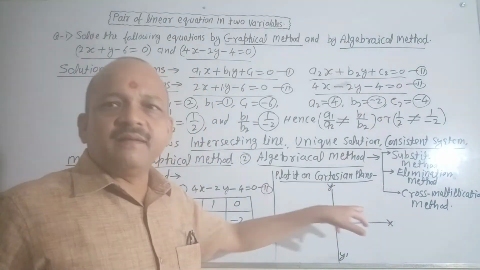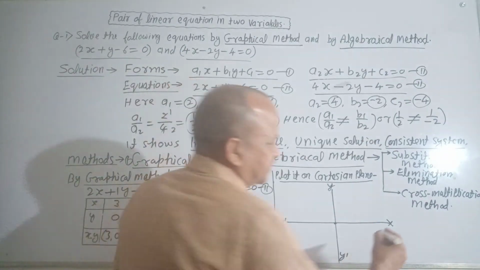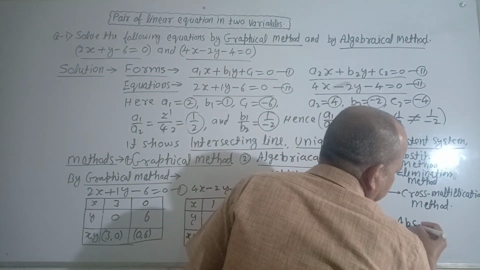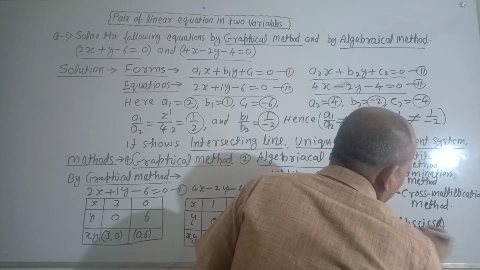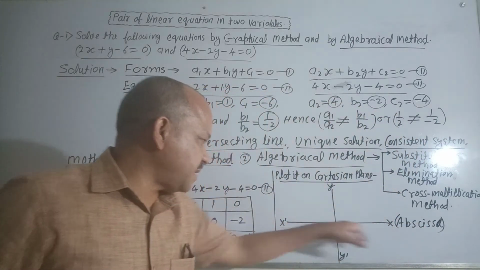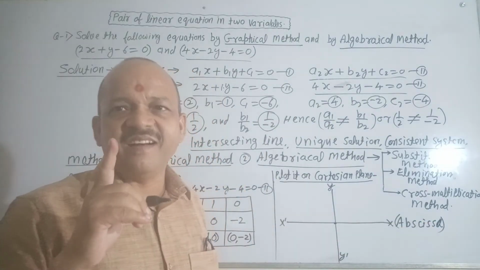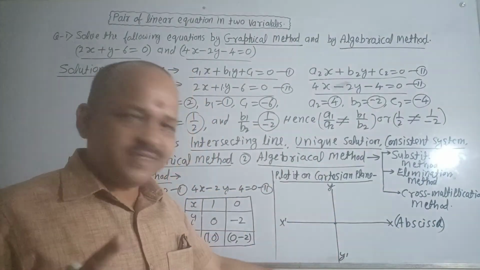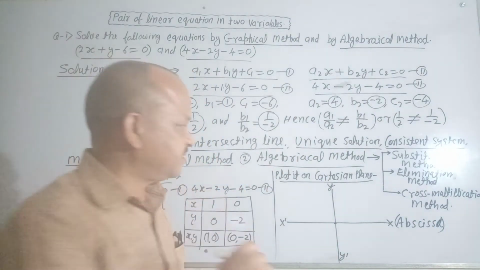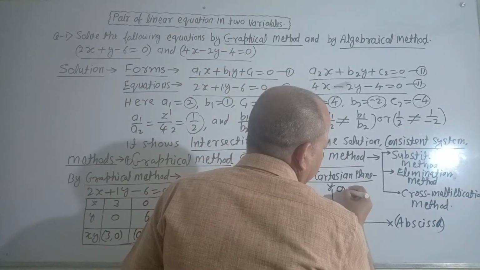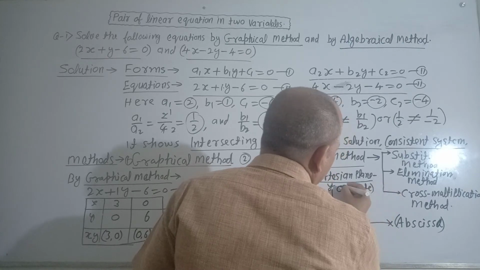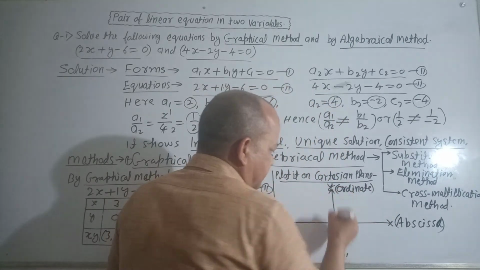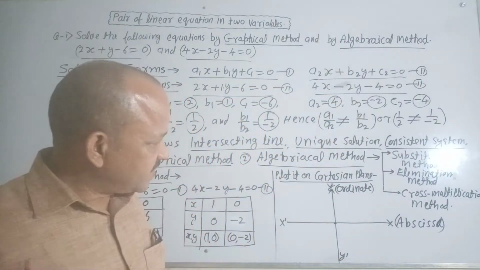X dash is called the abscissa. Y dash is the ordinate. Clear?